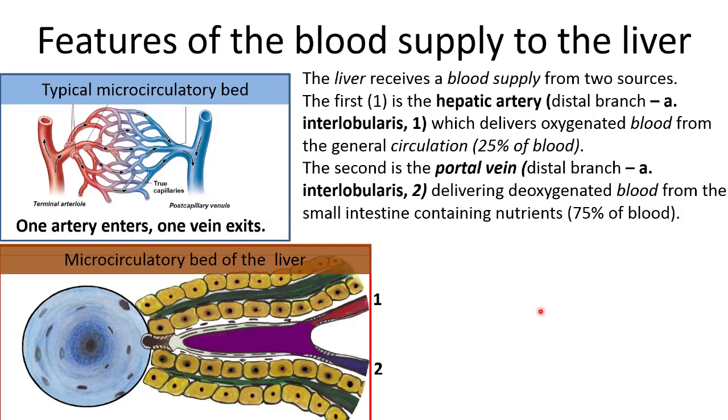It's very interesting that there is a proportion of 1 to 3. 25% of blood perfusing through the liver is blood from arteria hepatica, but 75% of blood is blood from vena porta.